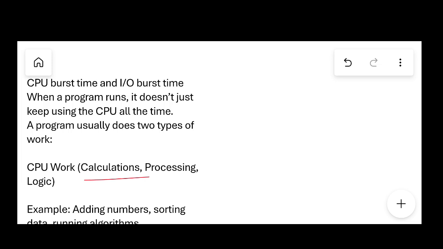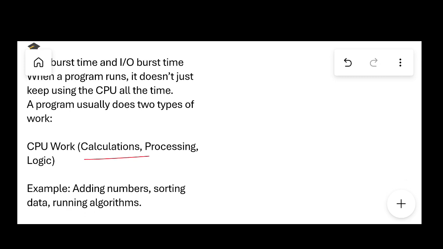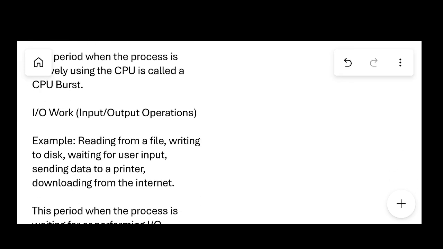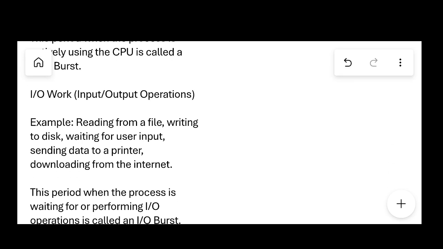For example, adding numbers, sorting data or running a program's algorithm. Then we have IO burst time. Whenever a process is waiting for input output operations like reading a file or writing to disk, printing a document, or waiting for user input, that period is called an IO burst.